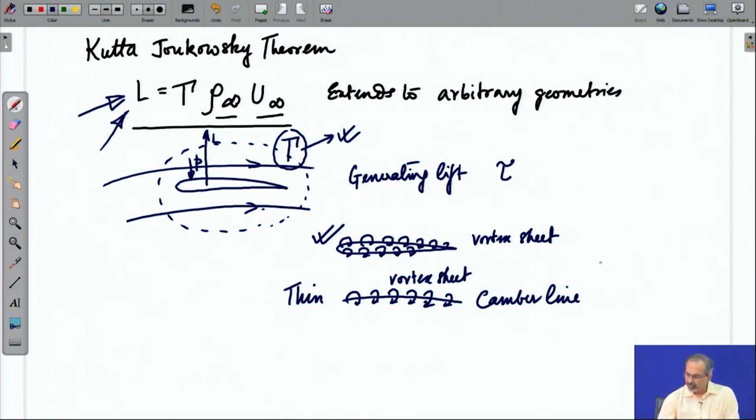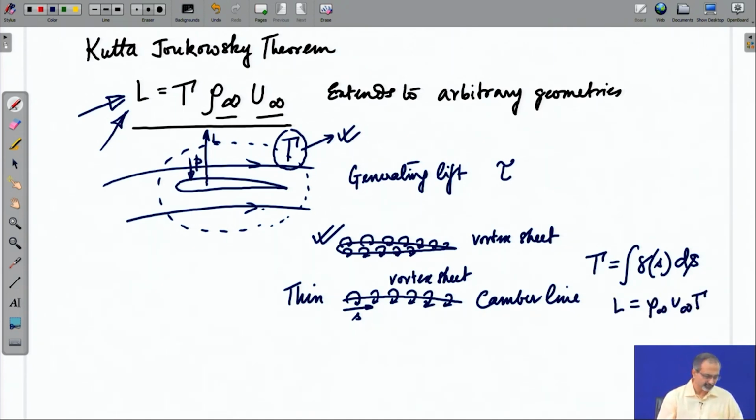Now, as you look at the vortex sheet, the total gamma value could be shown as an integrated effect of the gamma distribution along the length of the vortex sheet, where s is a particular location on the vortex sheet itself. And once you get the gamma, from the Kutta-Joukowski theorem, of course, you get the value of lift per unit span.